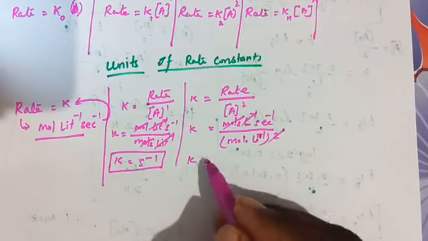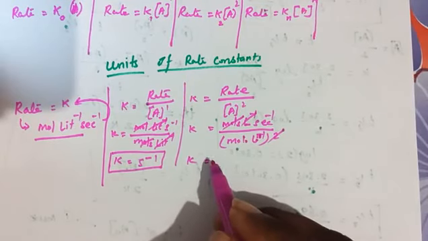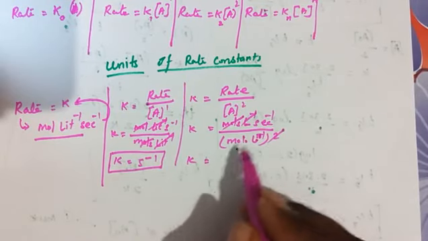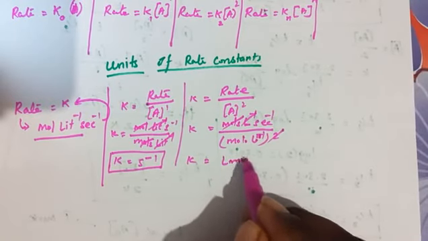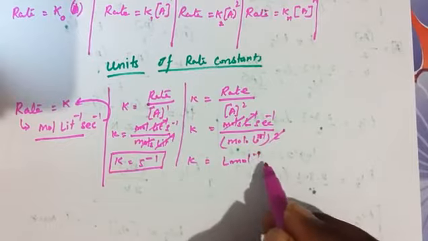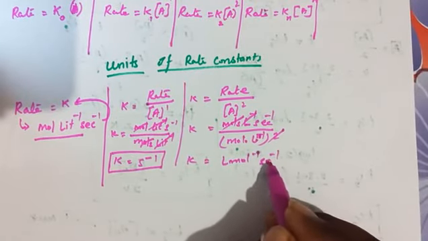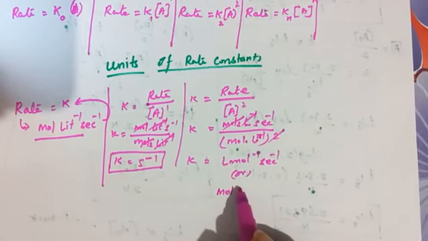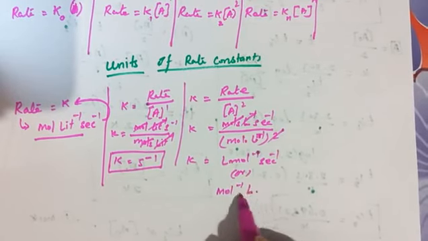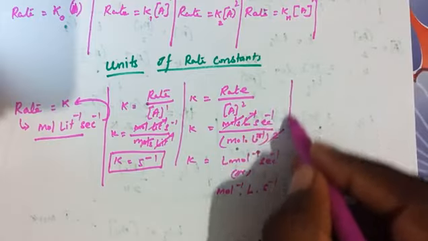So the unit of second order rate constant is equal to liter mole inverse second inverse, or mole inverse liter second inverse.